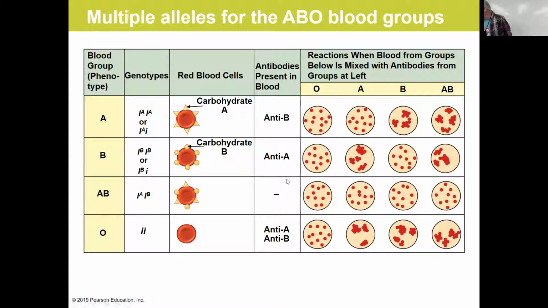And here's the strange thing. Antibodies present in blood. Here's where it comes down to blood transfusions. This is really bizarre, and I don't know why this is. We've talked a little bit about immune function and making antibodies. And you probably know about antibodies because of being vaccinated for COVID-19.